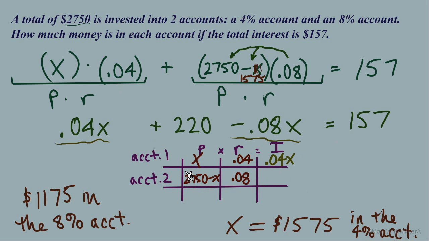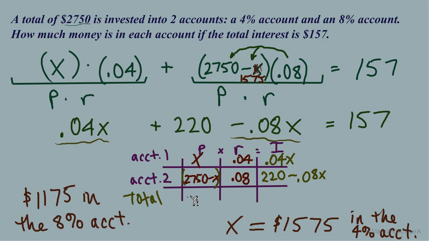Account number 2, we'd have to be cautious again here that we are distributing when we multiply these two terms in the principal by the rate 0.08. So we would distribute and get 220 from the 0.08 times 2,750 and minus 0.08x from multiplying 0.08 times minus x. We can fill in the bottom row for the total in these two accounts.